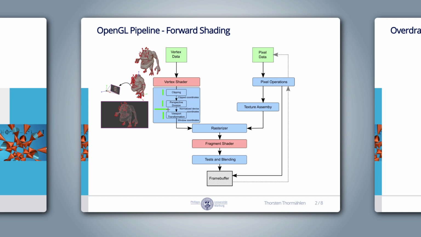After the clipping and perspective division step, the coordinates in all 3 dimensions are in the range from -1 to 1, which is why they are called normalized device coordinates. The viewport transformation then scales the output such that the positions of the vertices are given in window coordinates. This means that the vertex positions in the X and Y direction are specified in the 2D pixel raster of the output image.